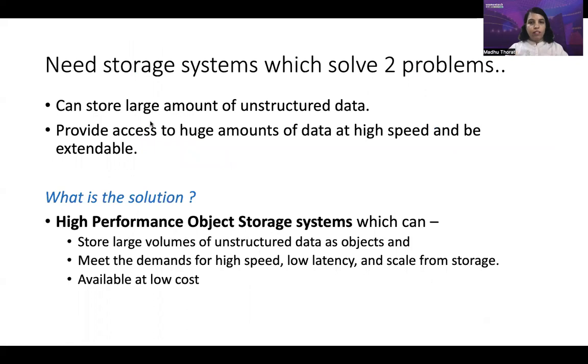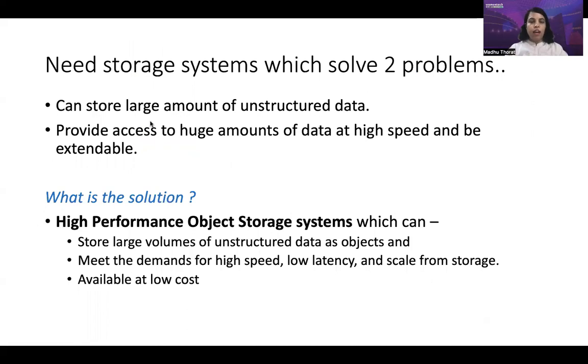What we need is storage systems which can solve two problems. One, the storage system should be able to store a large amount of unstructured data. And second, it should be able to provide access to the data at high speed and be scalable as well. So what is the solution?